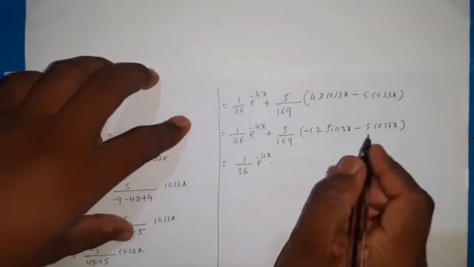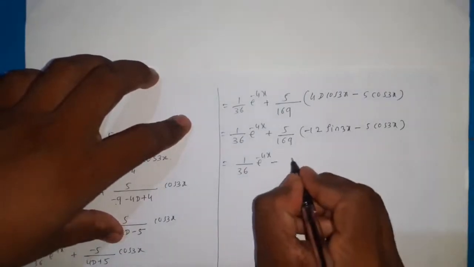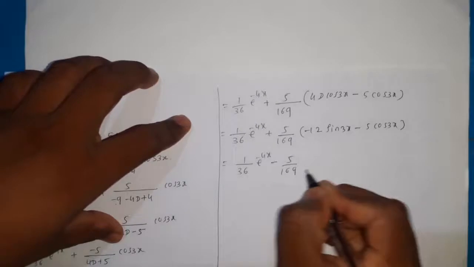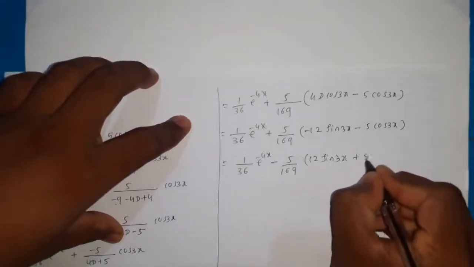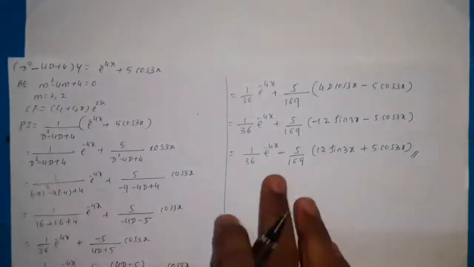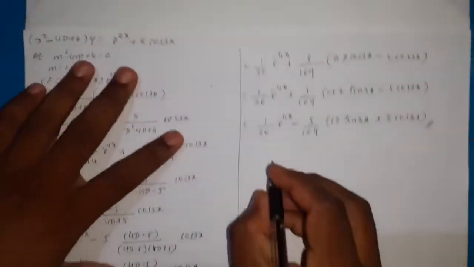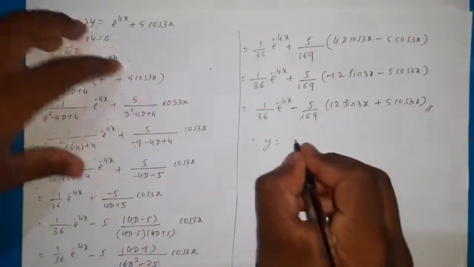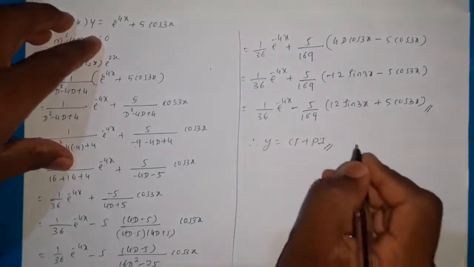Here we can take that negative sign outside, then that will become minus 5 divided by 169 into 12 sin 3x plus 5 cos 3x, which is the required particular integral. So we got both complementary function as well as particular integral. Therefore finally write the complete solution y is equal to CF plus PI.